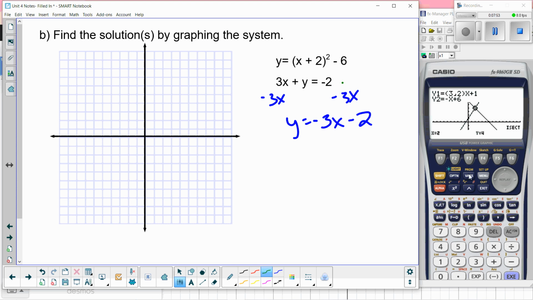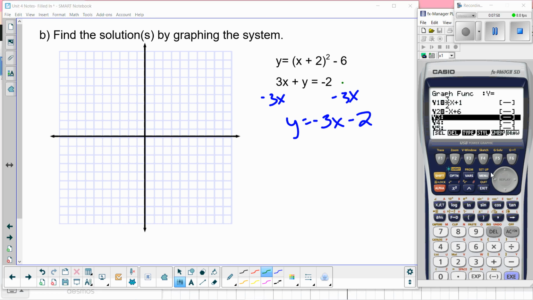So now I can go back to my graph. If I want to clear it, okay.